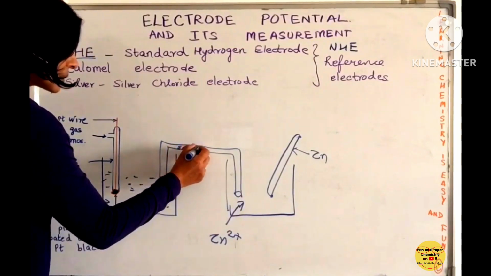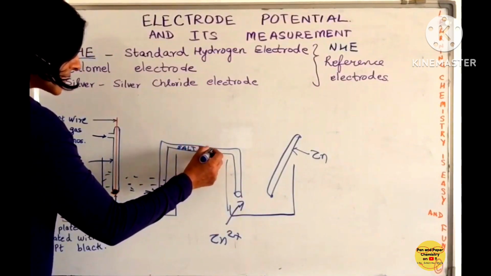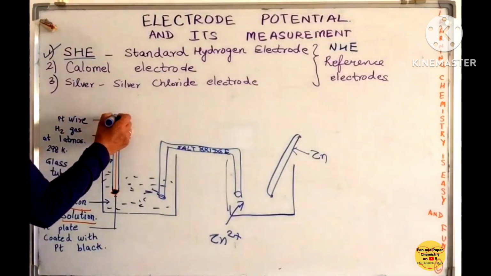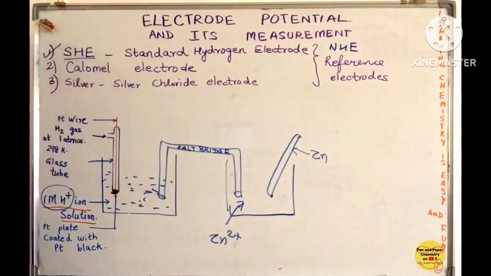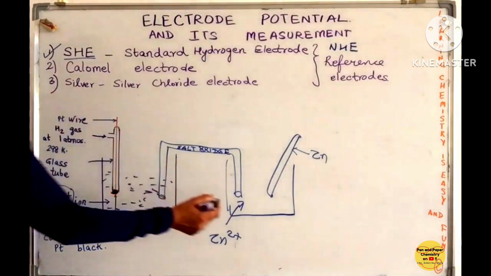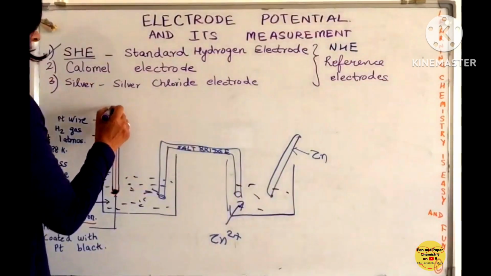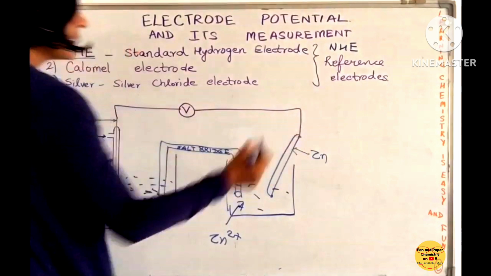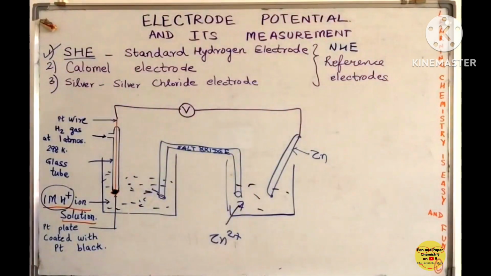We have already talked about the salt bridge in great detail in the lesson on galvanic cell or voltaic cell. Now, the next thing to do is, we connect the hydrogen electrode with the zinc electrode, and we connect a voltmeter in this, right? The potential that you measure over here will be the potential of the zinc electrode.